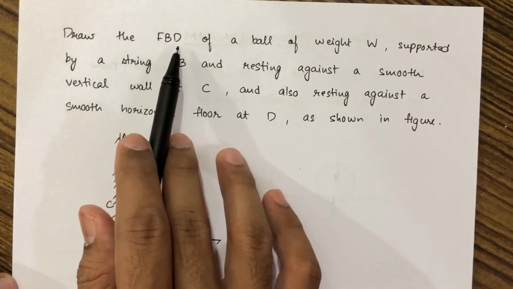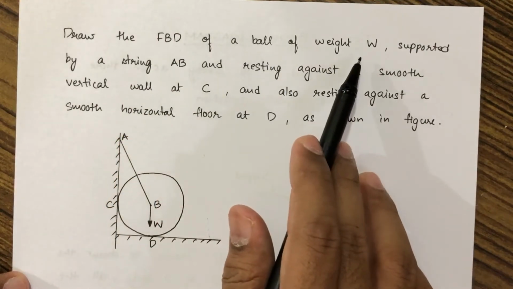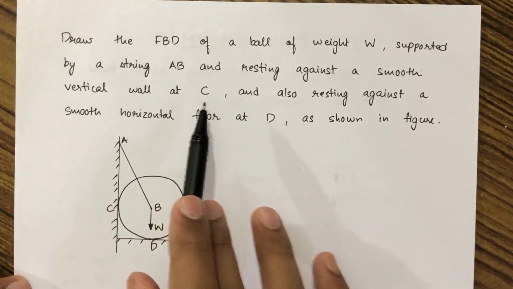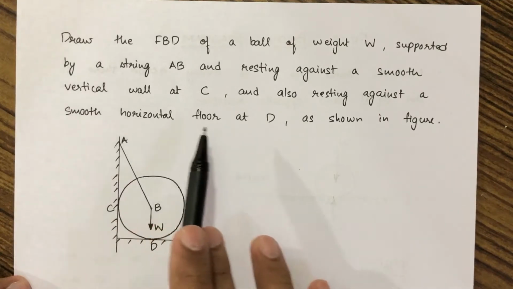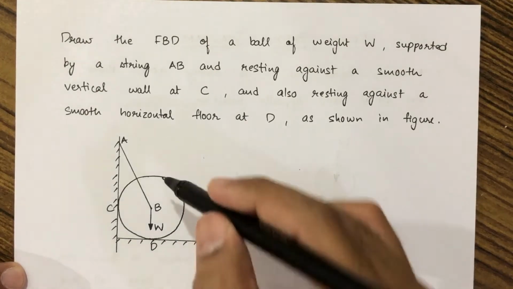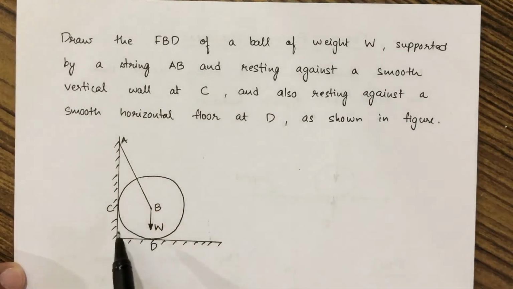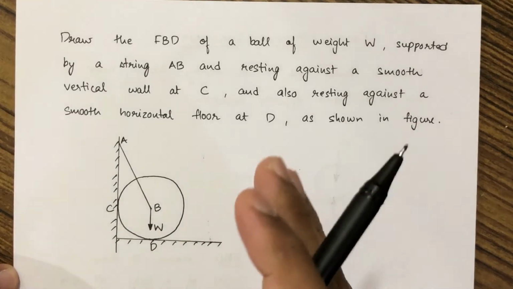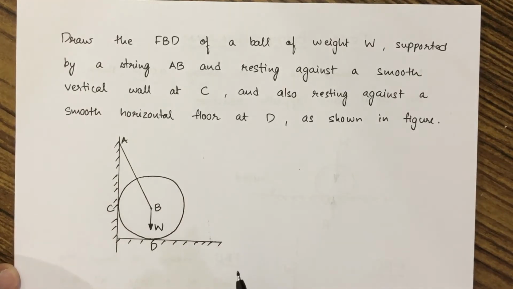Draw the free body diagram of a ball of weight W supported by a string AB and resting against a smooth vertical wall at C, and also resting against a smooth horizontal floor at D as shown in the figure. So here this ball is resting, and it is supported by a string AB, and it is resting against a smooth vertical wall at this point C, and also resting against a smooth horizontal floor at this point D, and it has a weight W. So obviously the weight will pass vertically downwards through the center of the ball.